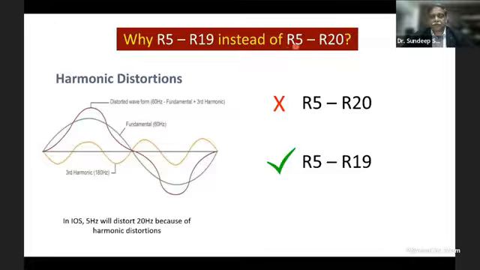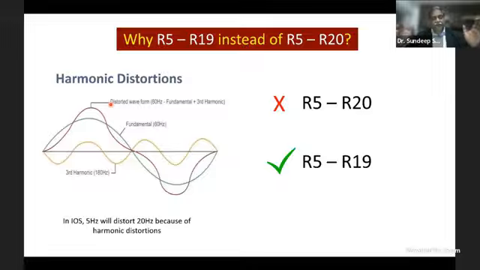Now, I did mention R5 minus R20 as representing small airways, but there is a change happening where R5 minus R19 is going to be considered instead of R5 minus R20. And why are we using R5 minus R19 and not R5 minus R20? It is because of harmonic distortions. 5 Hz is going to affect 10, 15, 20 because of the harmonics. And therefore, whatever is happening at 5 Hz will get impacted at 20 Hz also.